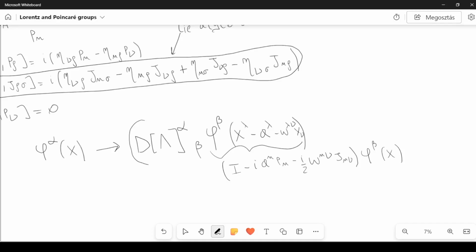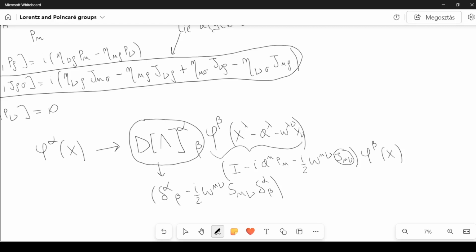And how do we represent this object? Since lambda is still an infinitesimal transformation, it is something of the kind delta alpha beta, the Kronecker delta, so it's almost equal to an identity matrix, minus i over 2 omega mu nu, and then here I put S mu nu delta alpha beta, where you see that I have introduced this operator S mu nu in place of J mu nu.